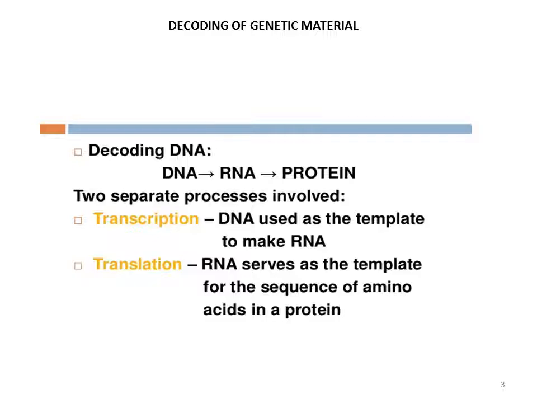So transcription is the process where RNA molecules are synthesized from the DNA. Then the next step is translation. Translation means the synthesis of protein sequences of amino acids from the RNA molecule.